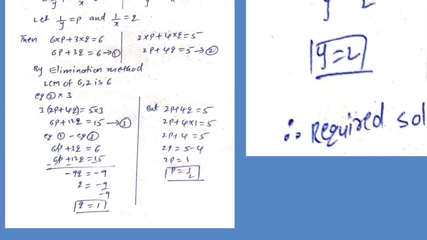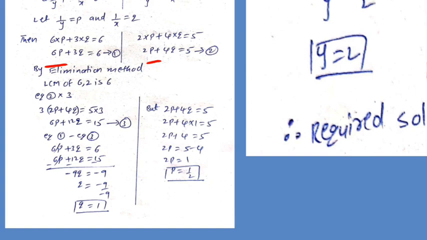This time I am using the elimination method. We know very well elimination method means first we have to decide which variable we want to eliminate. I decided I want to eliminate the p variable from both equations, but here the p coefficient is 6, here the p coefficient is 2, so they are different, so let's make them equal coefficients.